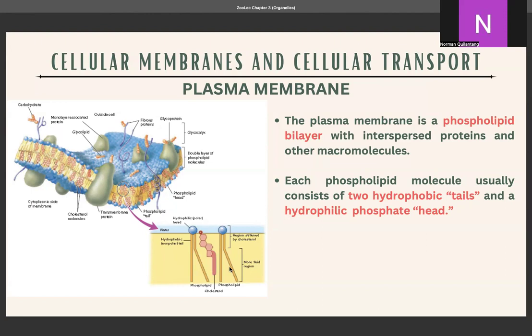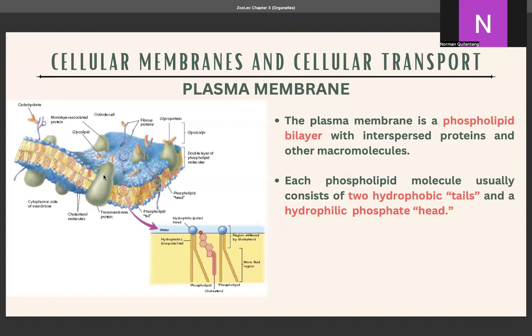Aside from the phospholipid molecules that make up the bulk of the plasma membrane, there are also other important molecules present in it. You have your cholesterols, which are also nonpolar molecules involved with different functions in the cell, one of which is to provide structural support in your phospholipid bilayer.